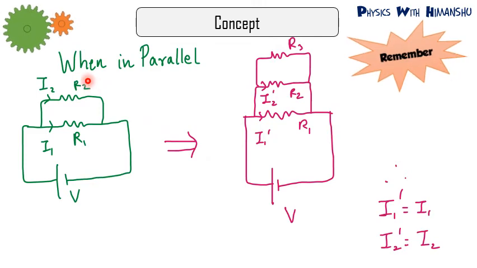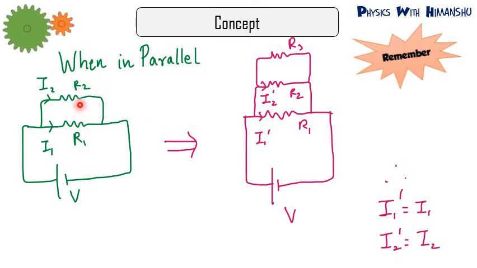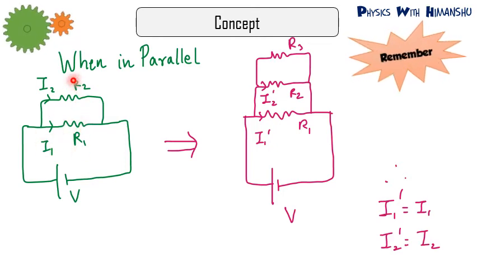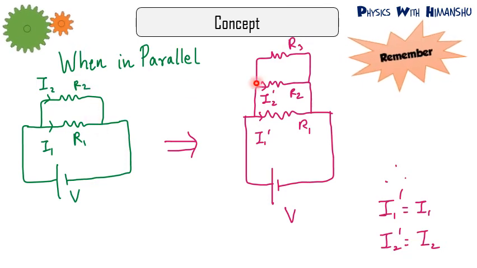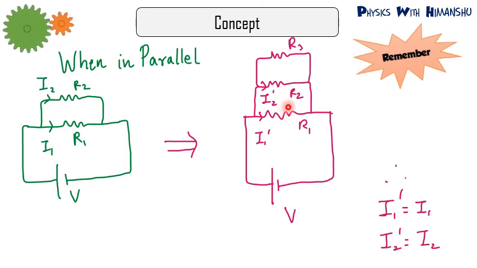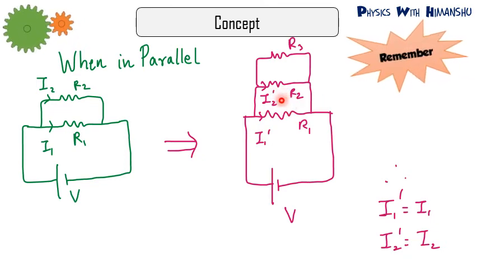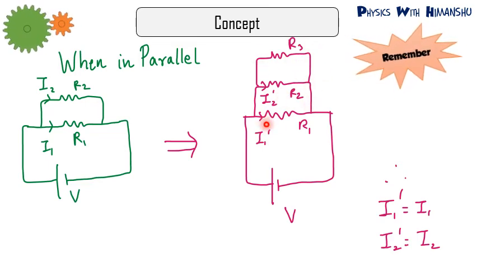When resistors are connected in parallel, suppose we have R1 and R2 connected in parallel with each other. Suppose in R1 the current is I1, in R2 the current is I2, and the potential difference is V. Suppose I add another resistance R3 in parallel with R1 and R2. Now suppose the current in R1 is I1 dash and the current in R2 is I2 dash. Then remember, when resistors are connected in parallel, the parallel branches are independent in nature.